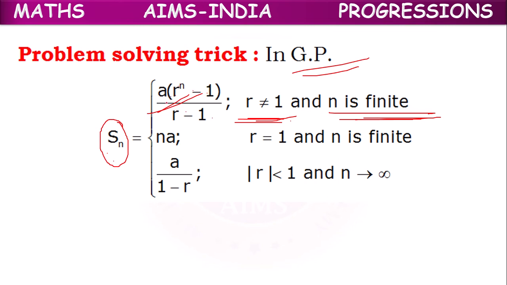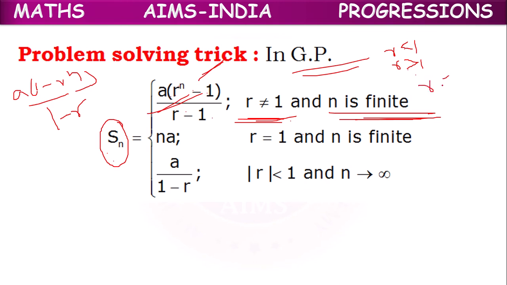In this one also, if r is less than 1 or r is greater than 1, we have two different formulas. If r is less than 1, the formula will become a into 1 minus r power n by 1 minus r. And if r is greater than 1, we have to use this formula.